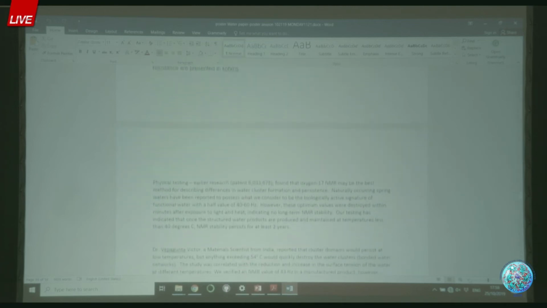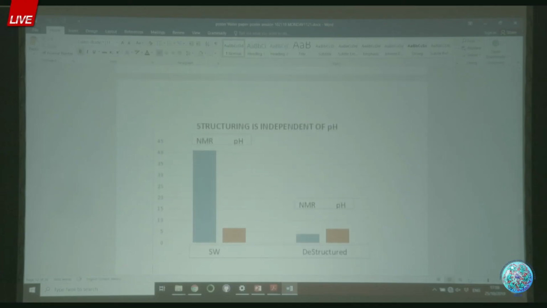In reference to the current research that we're doing, we are measuring the physical chemical properties. It started with the NMR, as Lee said, but we now did a comparison between NMR data and pH. This original NMR data was done in China, published in Chinese, and the Chinese concluded that this particular form of NMR, 017 NMR spectroscopy, correlated with the structure.